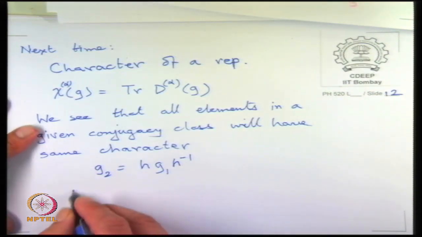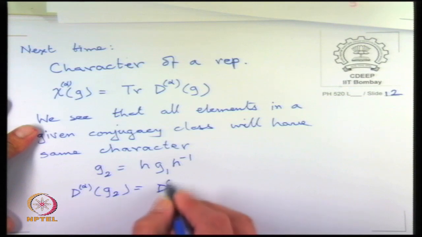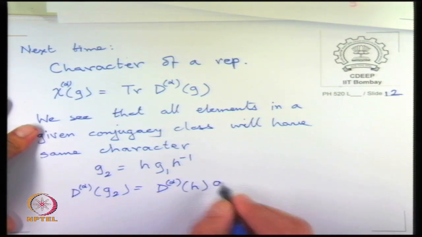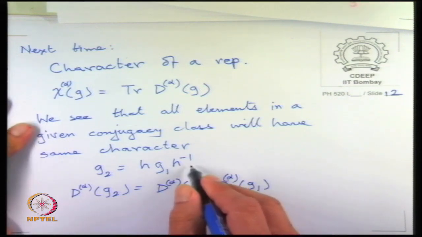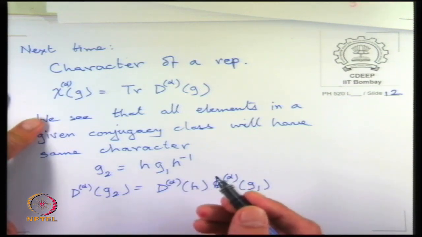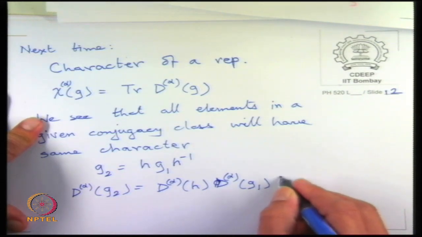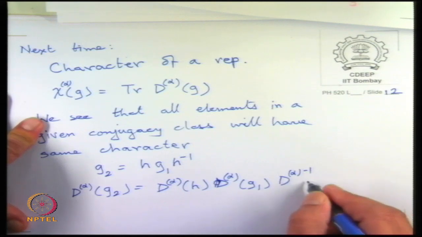But now we have to write out D alpha of G2 equal to D alpha of H, D alpha of G1, and then D alpha of H inverse, because we are using a representation that is unitary, so the inverse is the same as the dagger.